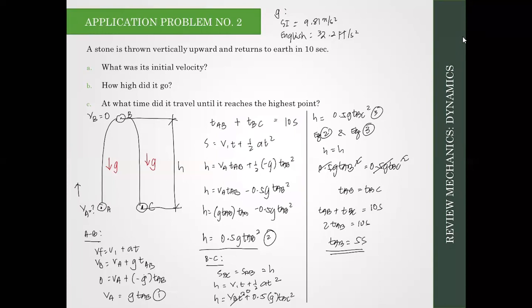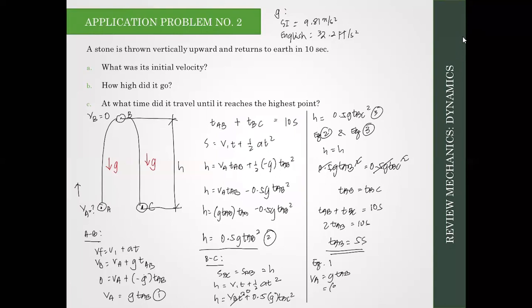5 seconds siya. So para makuha si initial velocity, balikan lang natin sa equation 1. VA is equals to GTAB. Wala tayong value for G, so depende kung ano yung nasa choices, no? Let's try na metric yung system natin.